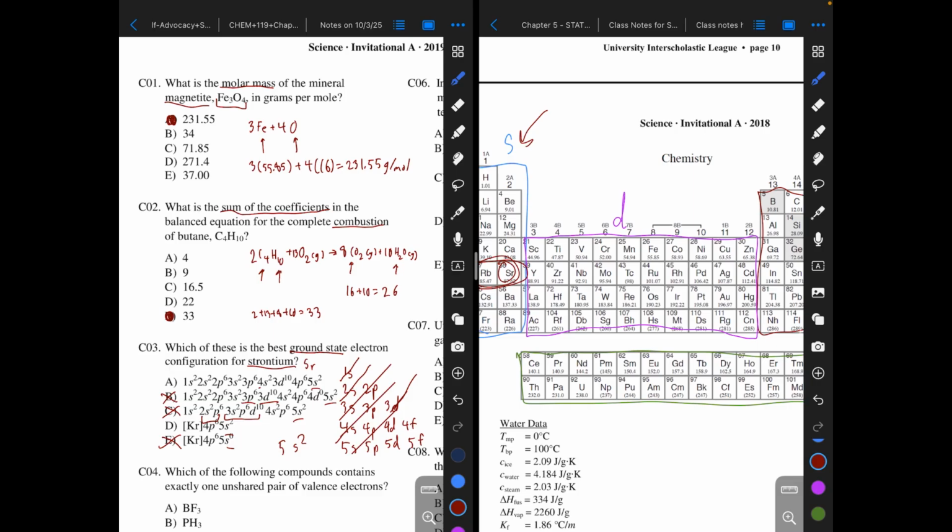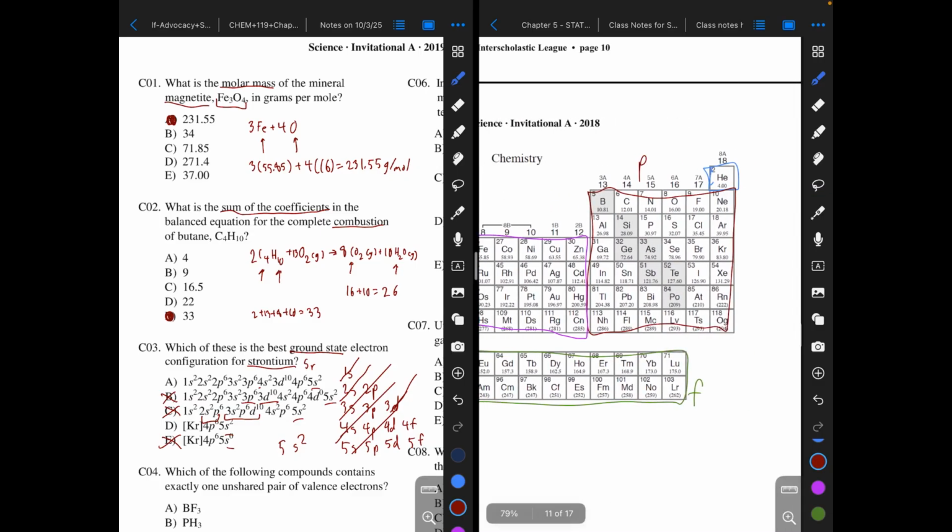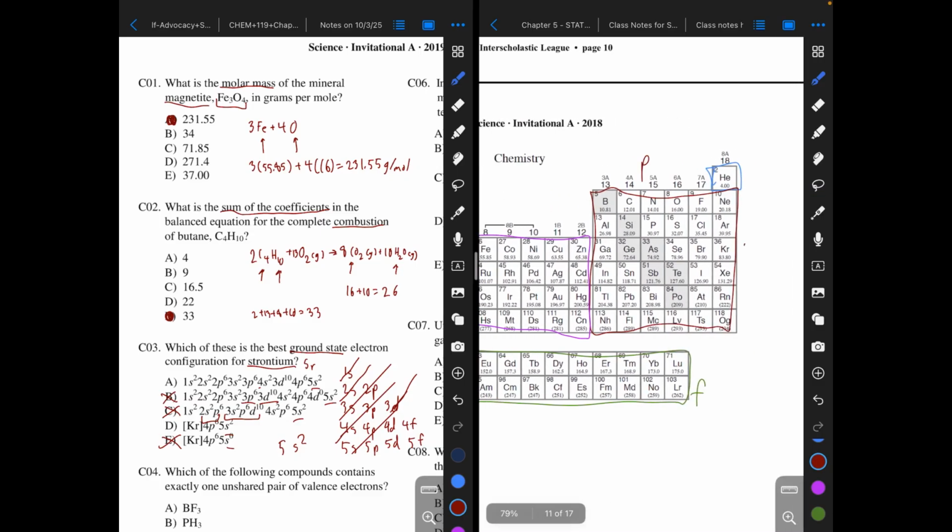Now you're down to A and D. D is called the noble gas configuration because you're using a noble gas like krypton to replace all the previous ones. Krypton ends at 4p6, so it consists of everything up through 4p6.